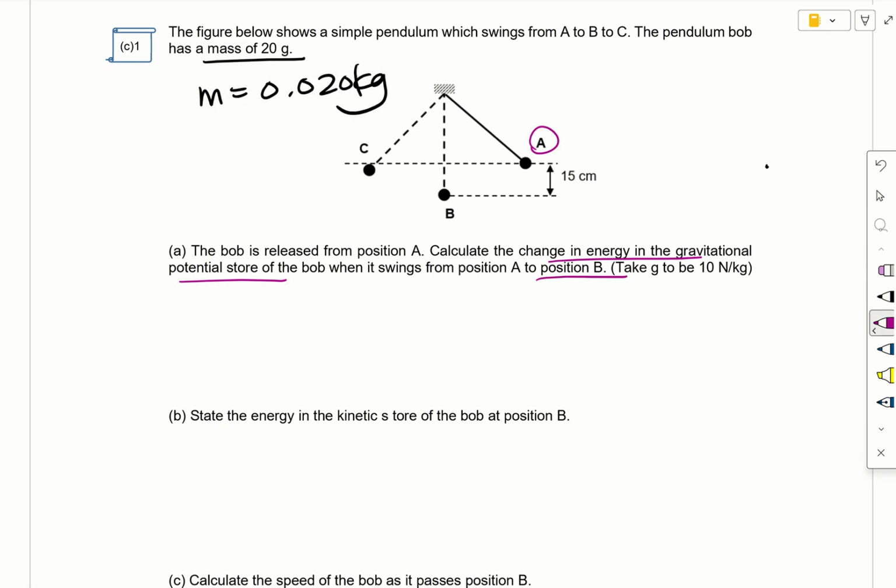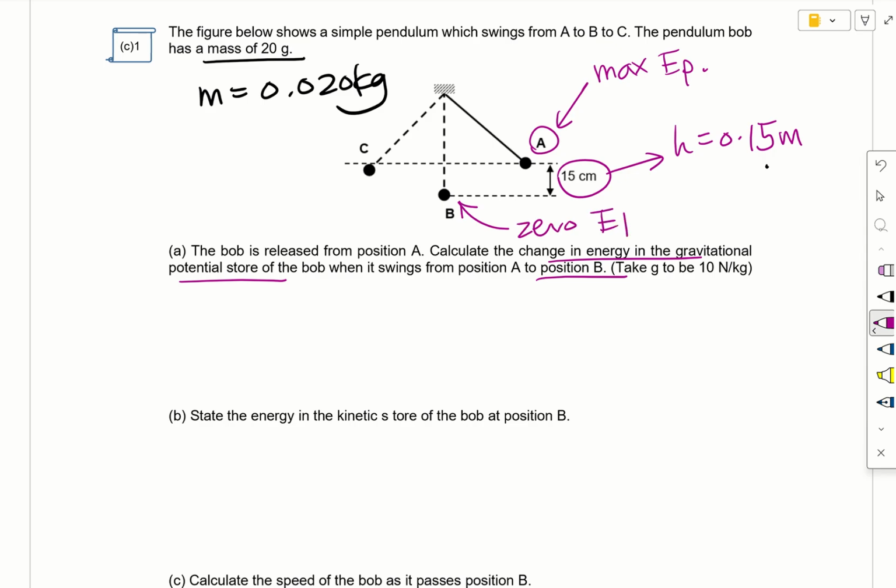So we take position B as the reference, right? And we see that A is actually at a height of 15 cm. So if we were to convert it to SI unit, the height will be 0.15 meters. So over here it has maximum energy in the potential store. Over here, because this is the lowest height, the reference height, it has 0 energy in the potential store.